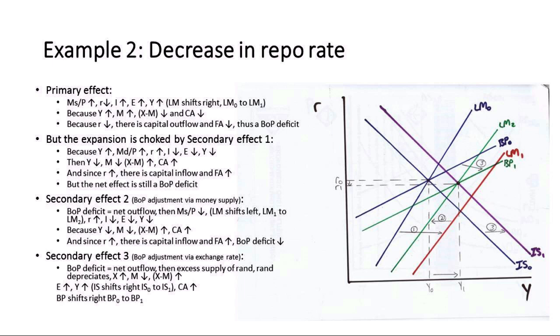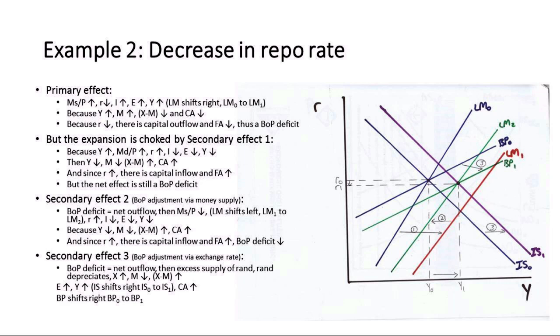But this doesn't just run away from the policymaker. It is braked by this secondary effect, which just breaks those expansionary effects of the increase in income and the lower interest rates. But the net effect is we still end up in a balance of payments deficit position.